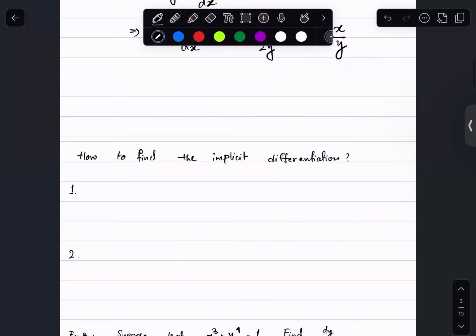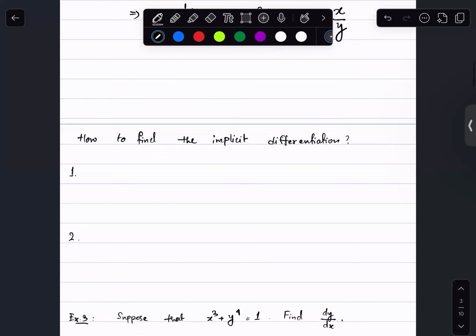Okay. Now, to formulate how we should find implicit differentiation, I'll write 2 steps. Step 1 is differentiating both sides of the equation with respect to x.